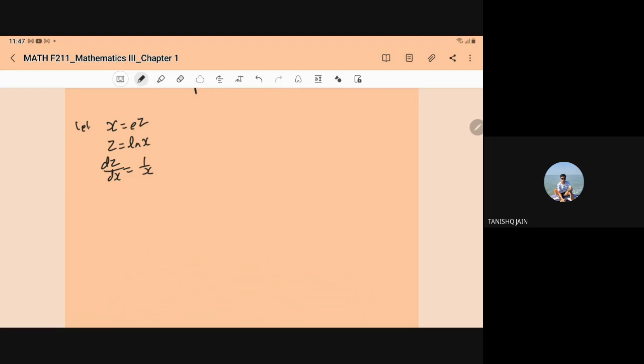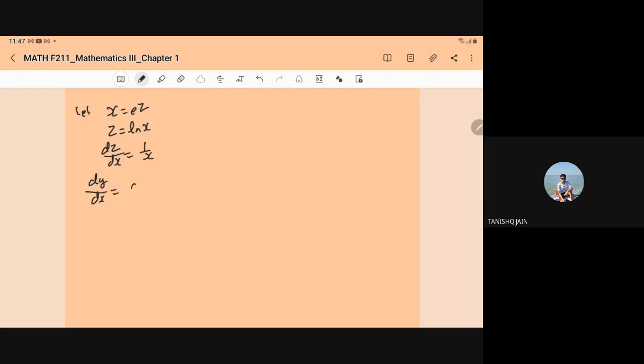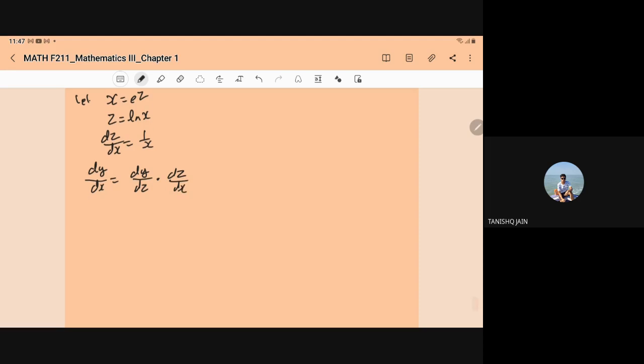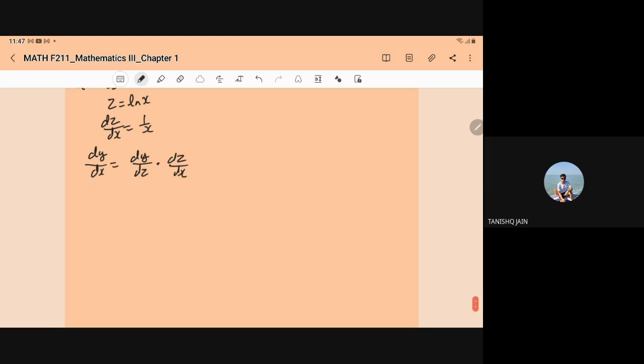Similarly, now if you have to compute dy by dx, what is the meaning of dy by dx? Dy by dx is dy by dz into dz by dx. Because if you cancel, you will get again dy by dx.